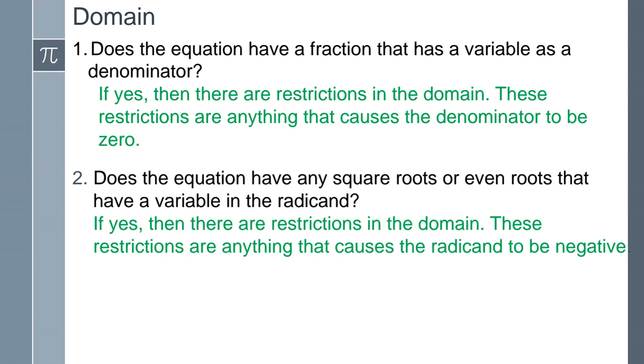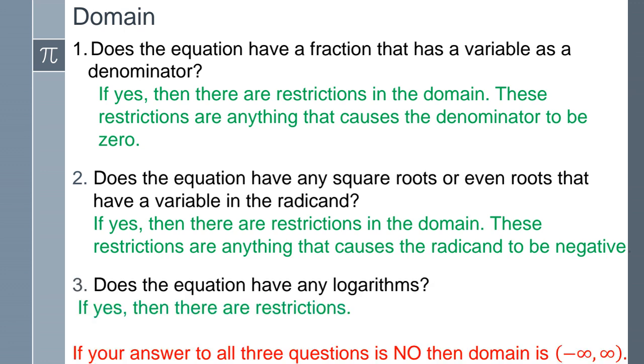And later on in the semester, we're going to cover something called logarithms. So if you have a logarithm, then there will also be restrictions. But if you don't have any of these three, then the domain is always negative infinity to positive infinity. So let's look at some examples.